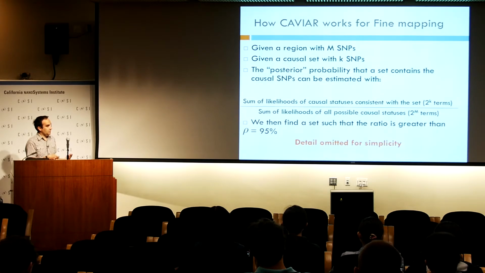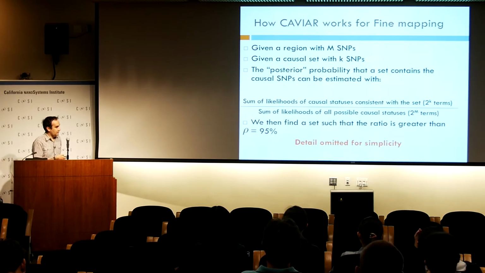If this is close to 1, that really says that the other possibilities don't have a lot of likelihood. So we want this to be at least 95%, and then we need to find a set that satisfies this property. There are a lot of details that are omitted, like priors and stuff like that, but this is the key idea.